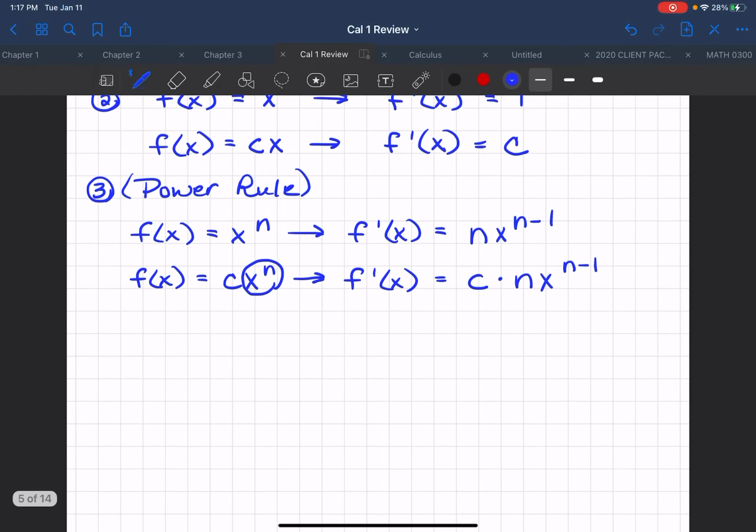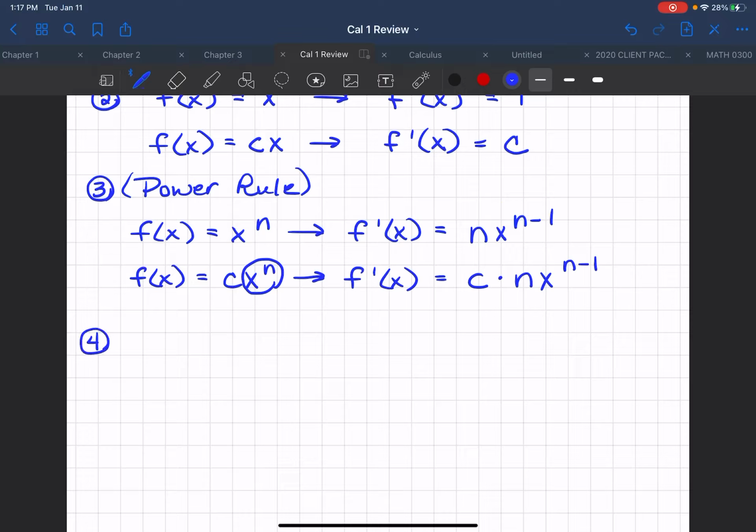The product rule, if you remember, let's let h of x equal f of x times g of x.